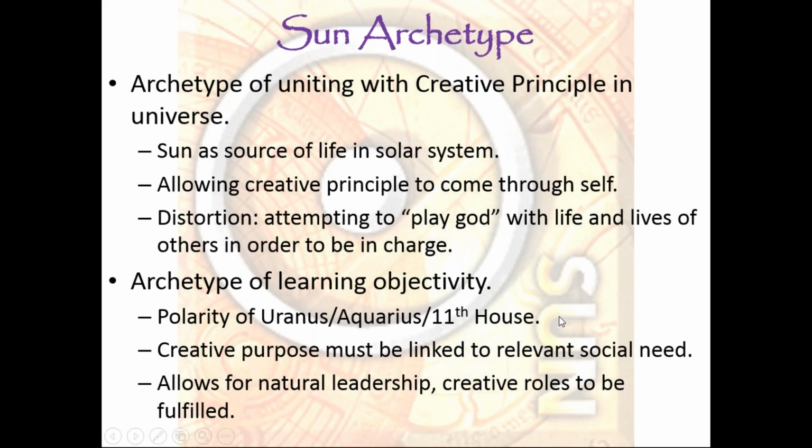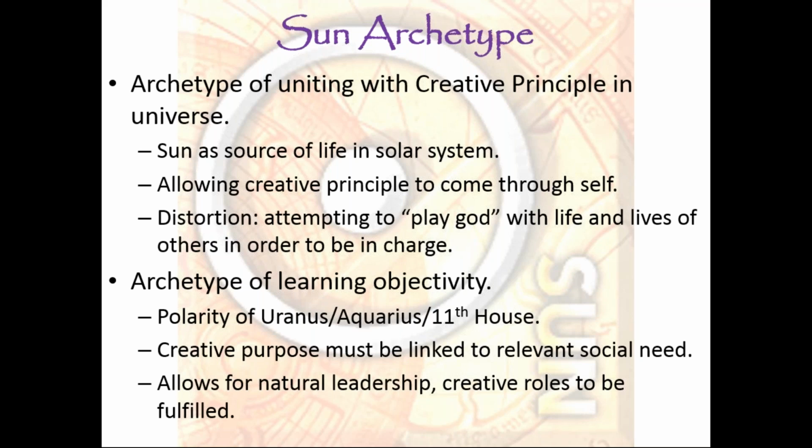We talked about the pyramid reality complex, where the Sun is very subjective. The universe revolves around me. It's us thinking we're source. And we have that shock of the polarity coming from Uranus, Aquarius, 11th house, teaching us, no, you are not the source. You are a channel for it.